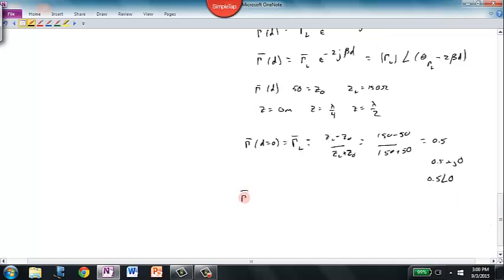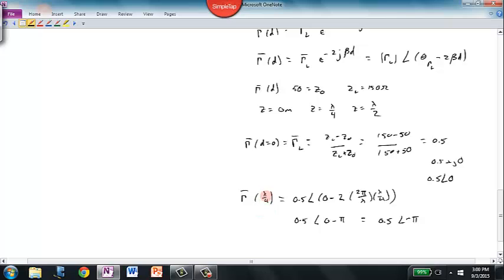The reflection coefficient at lambda over 4 is therefore going to be 0.5 at an angle of 0 minus 2 times beta, which is 2 pi over lambda, that's just the formula for beta, times the distance d, which I specified as lambda over 4, which I think you might see why I did that now. And that's going to give me 0.5 at an angle of 0 minus pi, so 0.5 at an angle of minus pi.